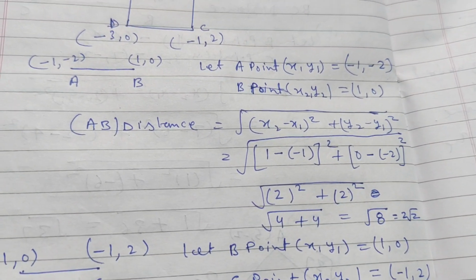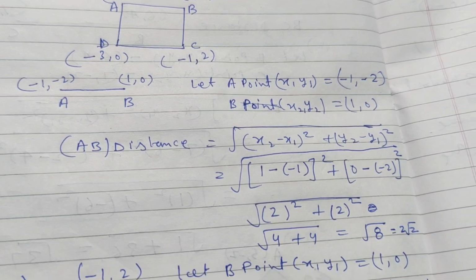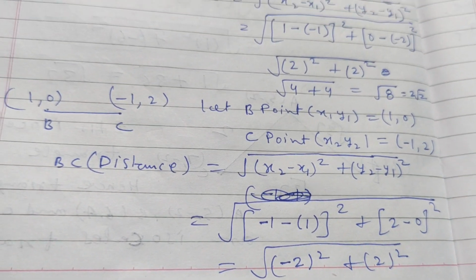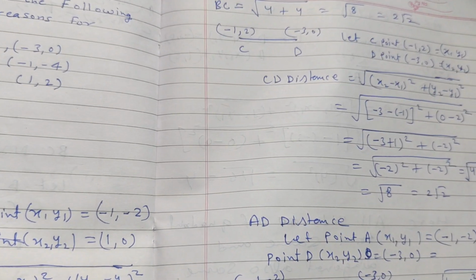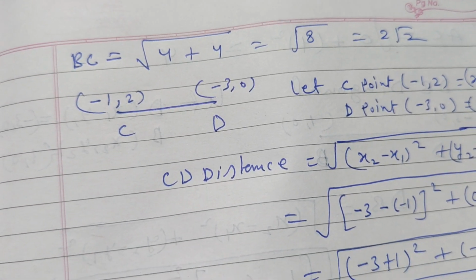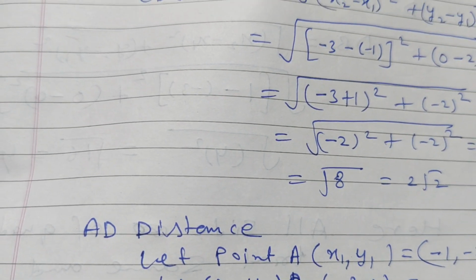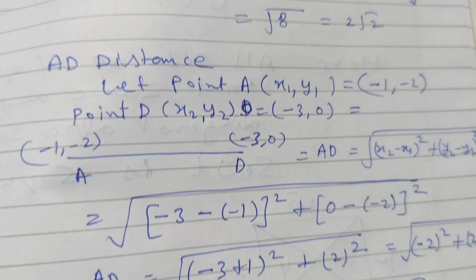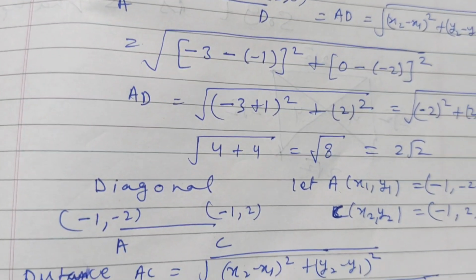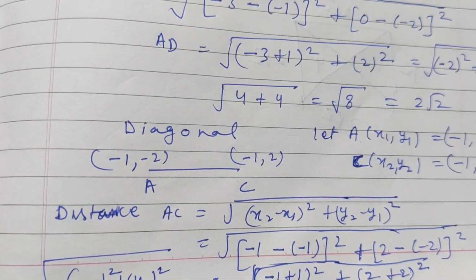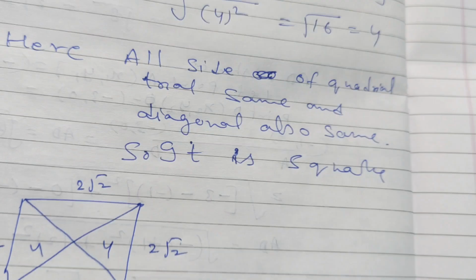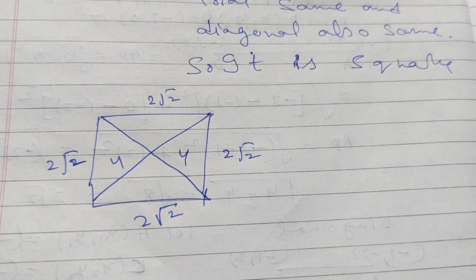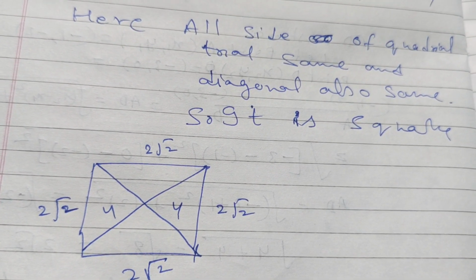Here we found the AB distance is 2 root 2, BC is 2 root 2, CD is also 2 root 2, and the AD distance is also 2 root 2. We found the diagonal AC, which comes to 4, and the other diagonal is 4. Hence all sides are equal and the diagonals are equal, so it is a square, hence proved. Thank you.